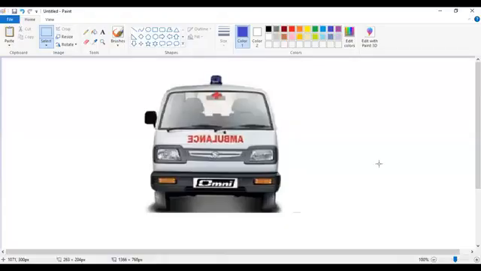After writing the answer, you can resume the interactive session and check your answer further. So students, when you see an ambulance in any country, at the front, the letters are written laterally inverted. Why so?